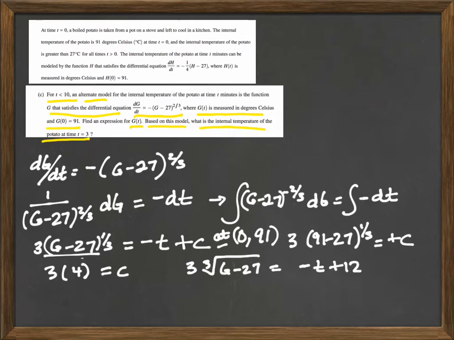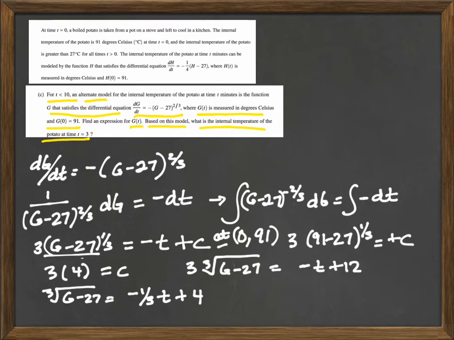Okay, so let's keep solving. We're going to divide by 3. So the cube root of (g minus 27) is equal to negative 1/3 t plus 4. Is that plus or minus? I'm trying to make sure that I have it right. Oh, it's plus.